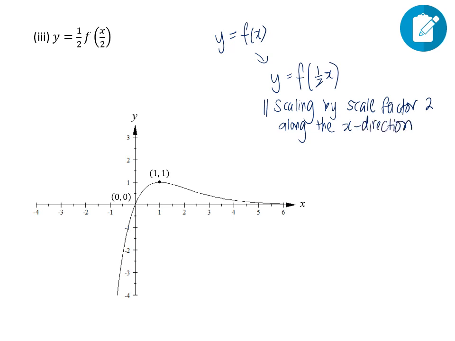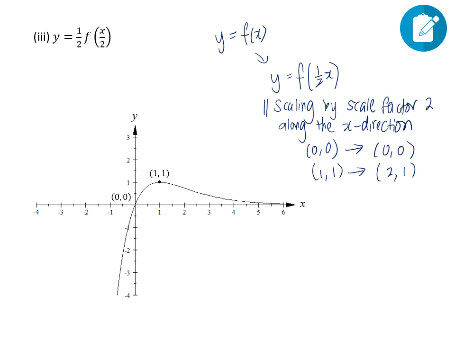And if we want to look at the two coordinates that's given to us, 0, 0, that would also mean that I'm going to multiply the x coordinate by a 2 in this case, because it's origin, it's at 0, it doesn't really change. But if we look at the maximum turning point, what happens is I will multiply by a 2 to its x coordinate, so a transformation of such happens to its turning point.